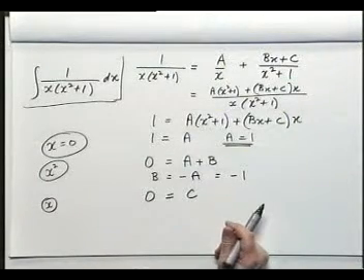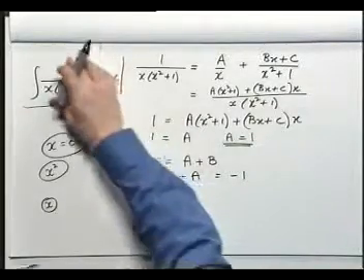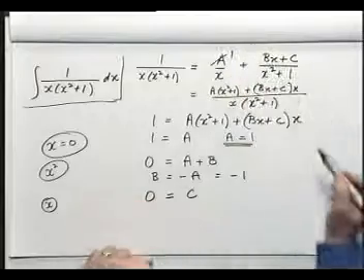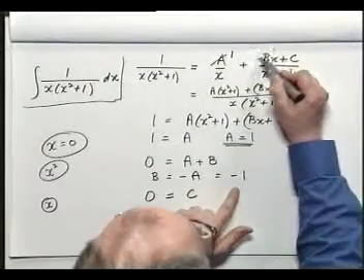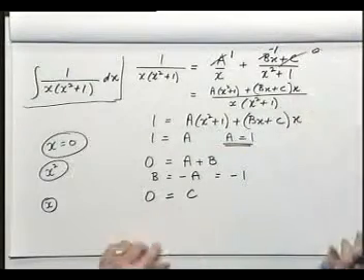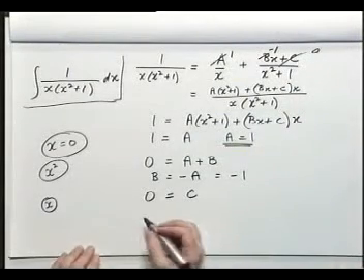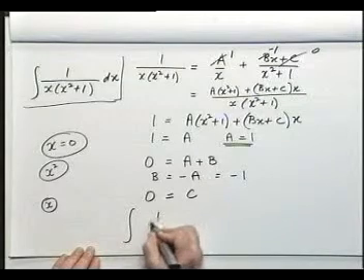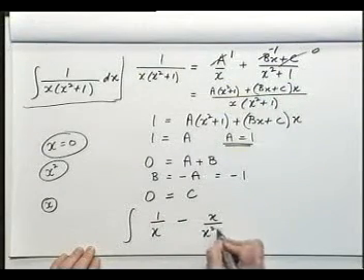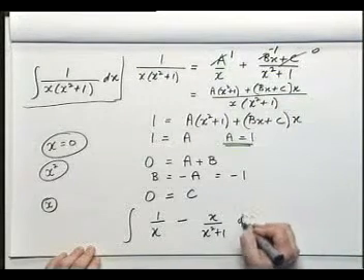So when we express this in its partial fractions, we'll end up with a being 1, b being minus 1, and c being 0. So we'll be left with trying to integrate 1 over x minus x over x squared plus 1 dx.